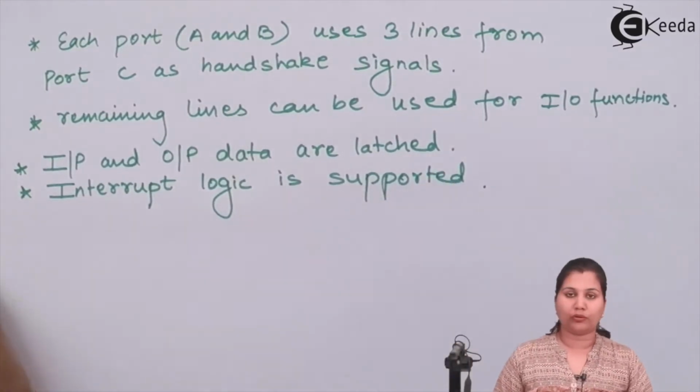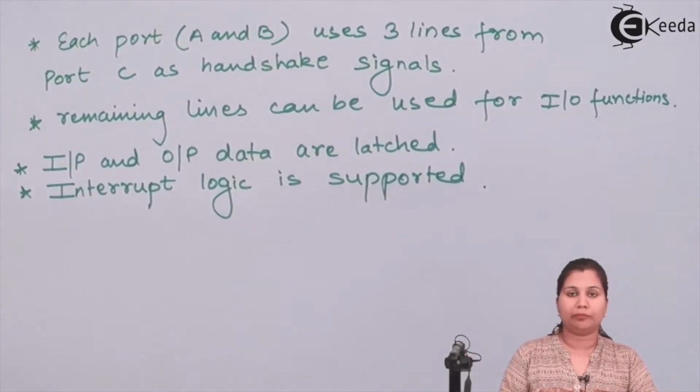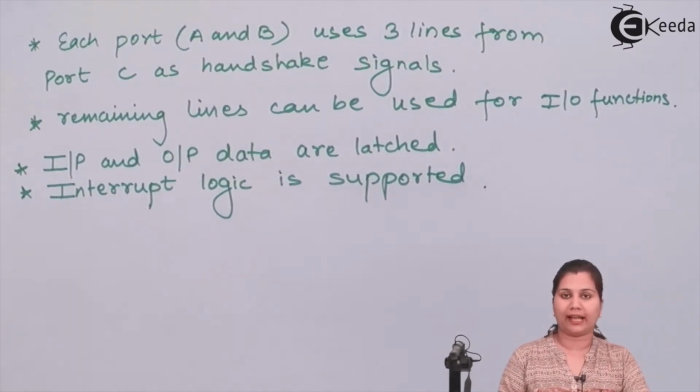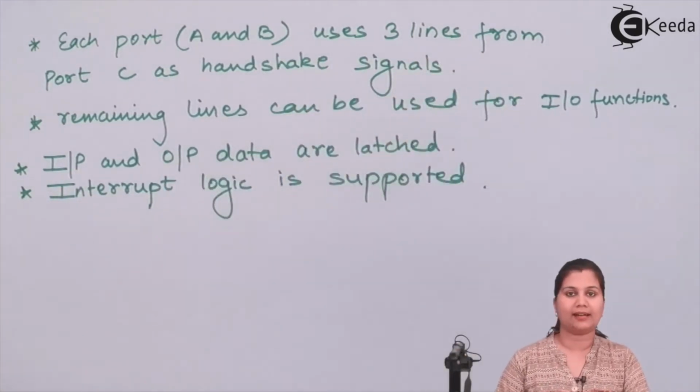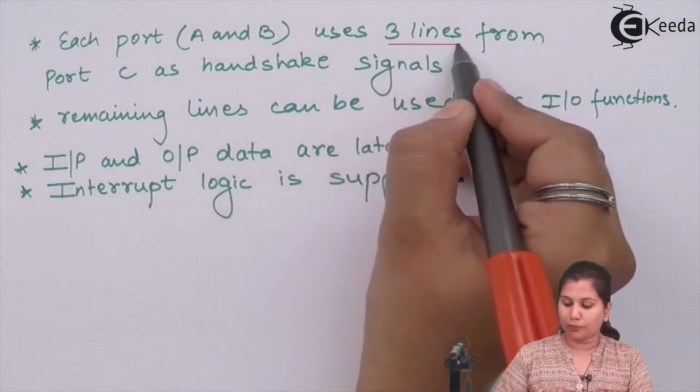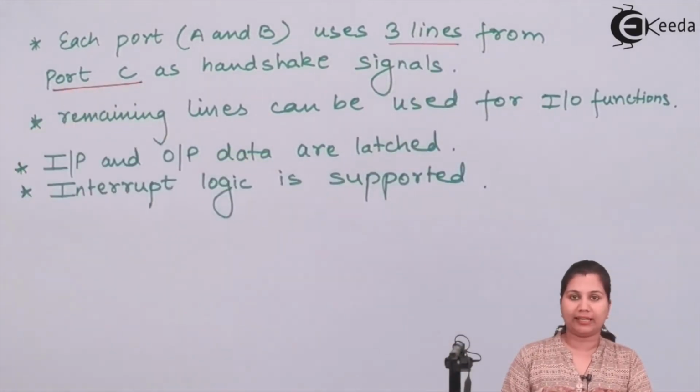So in this mode 1, because it's an input output mode with handshake, port A and B act as simple input output ports, and they use 3 lines from port C as the handshake signals. Port C has 8 lines, that is PC0 to PC7.